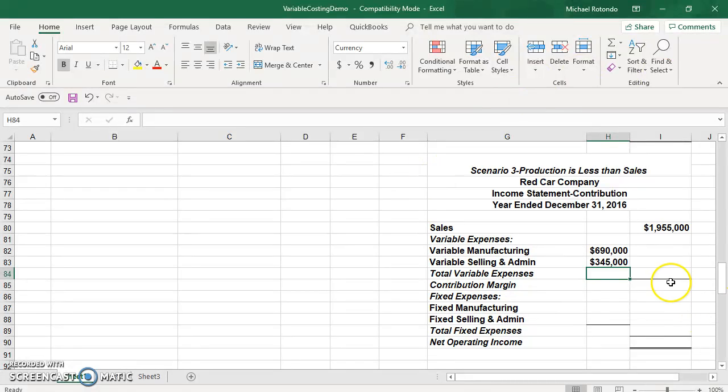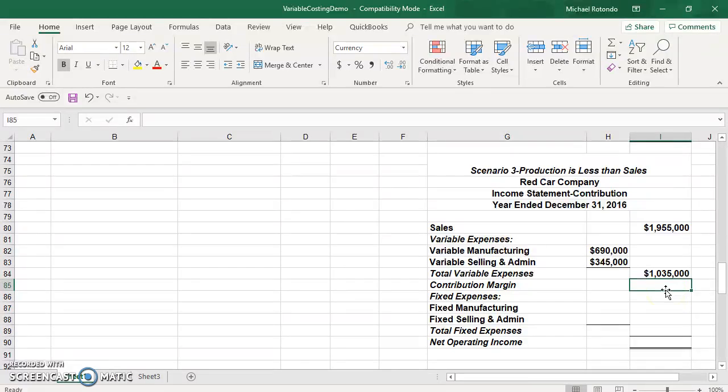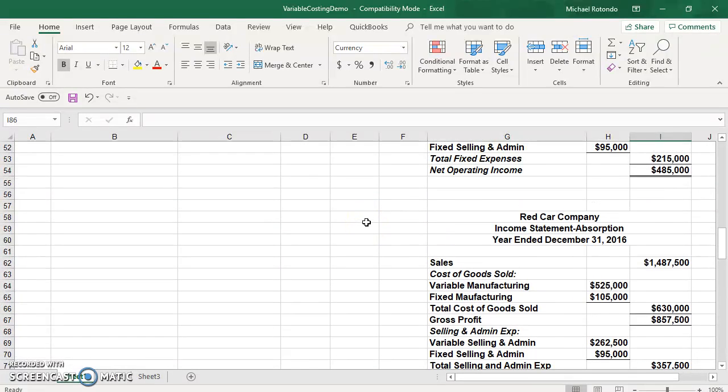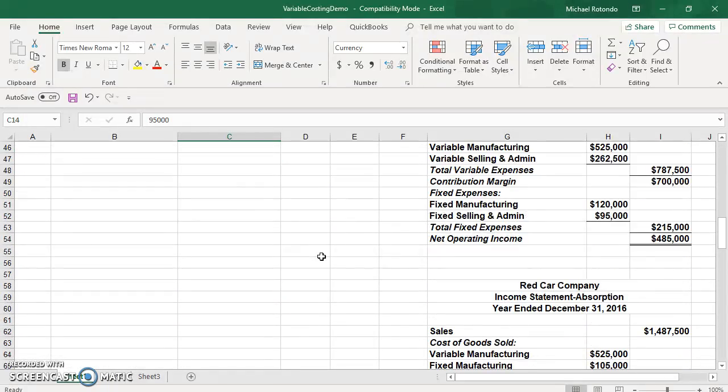So that's going to give us total variable expenses of $1,035,000. So our contribution margin, remember, sales minus variable expenses, gives us $920. Now the fixed manufacturing under the contribution margin income statement is going to be $120, and the selling and admin will be $95, for fixed.